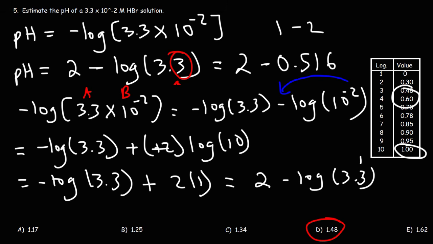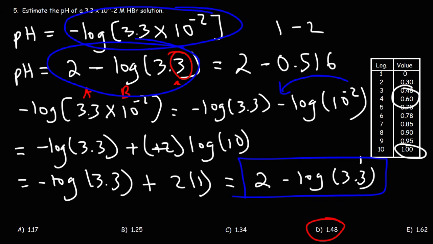And thus you can see that these two expressions are the same. So that's why I can rewrite this expression as 2 minus log 3.3. So now you see the mathematical reason of why it works. So that's basically it for this video. So now you know how to estimate the pH of a solution without the use of a calculator. Thanks again for watching.